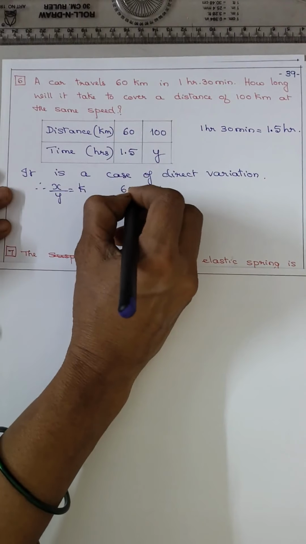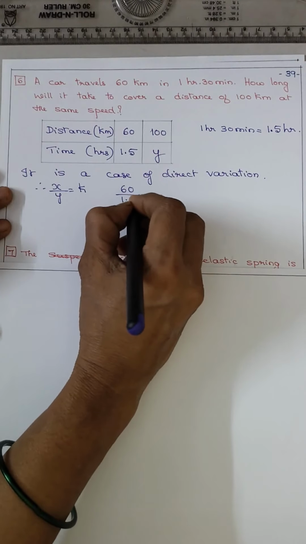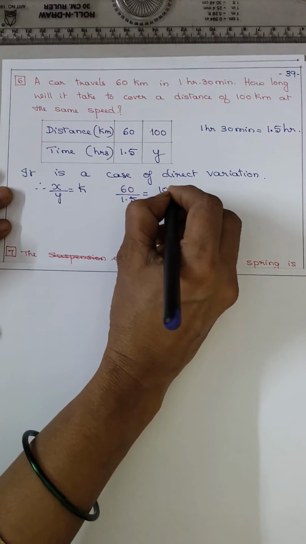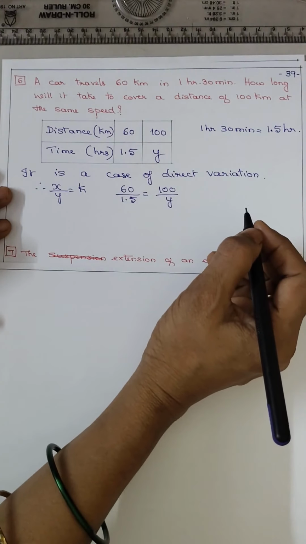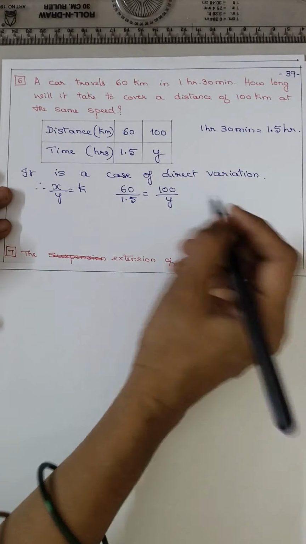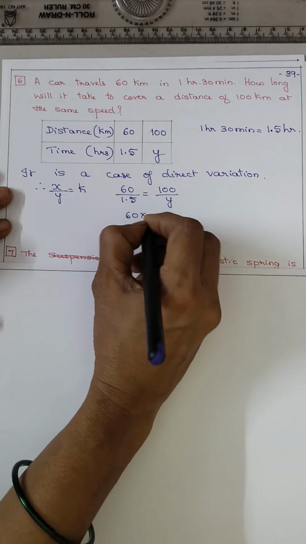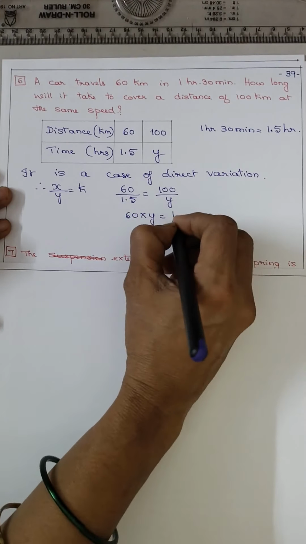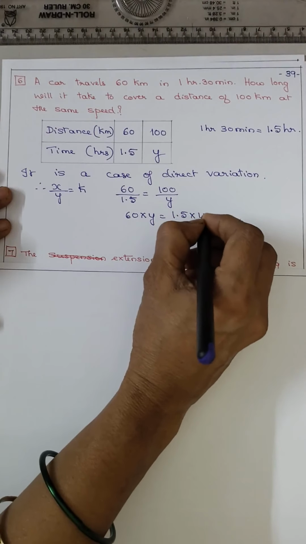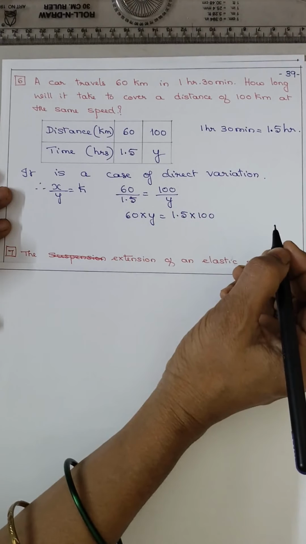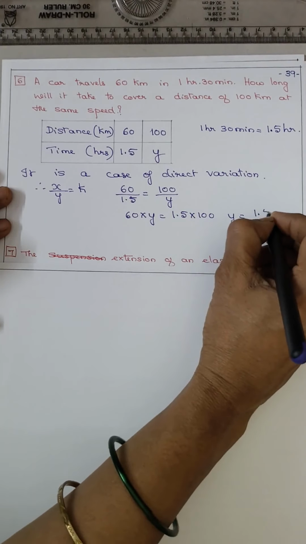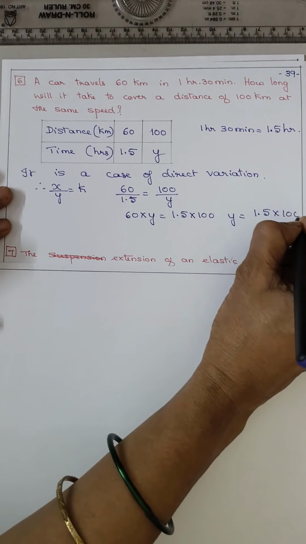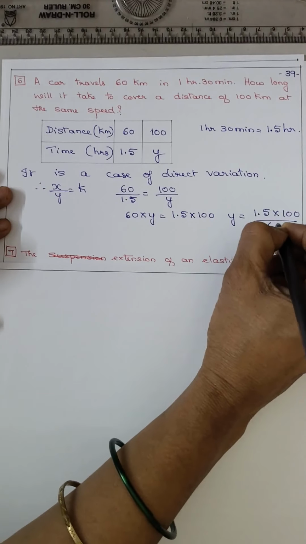So 60 by 1.5 is equal to 100 by y. So when you cross multiply, 60 into y is equal to 1.5 into 100. So y is equal to 1.5 into 100 upon 60.